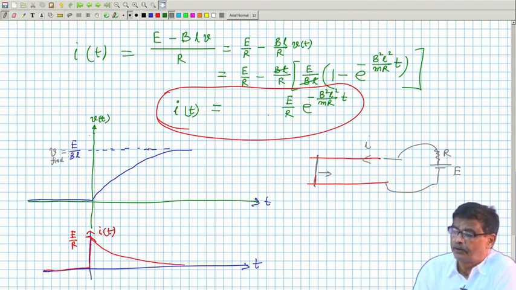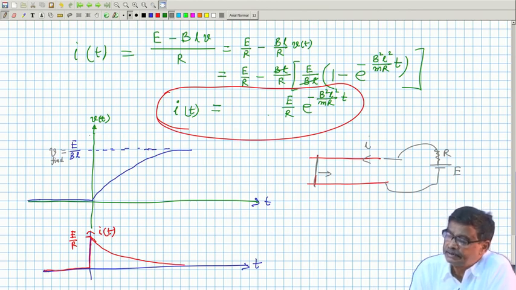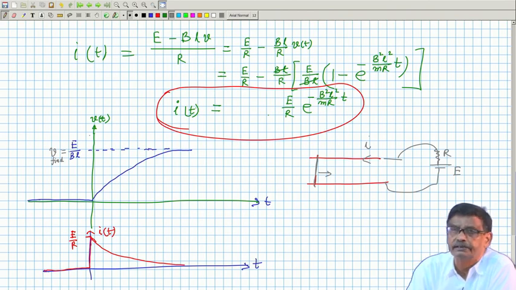Let us ask ourselves in this motoring operation that suppose you run a motor to supply some mechanical load, to overcome friction and so on. Imagine that no track is frictionless.